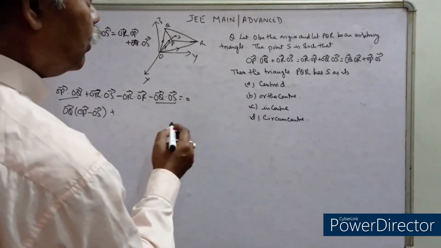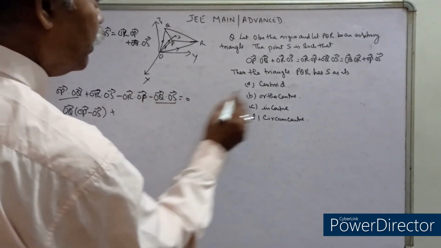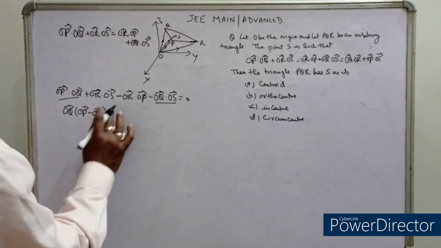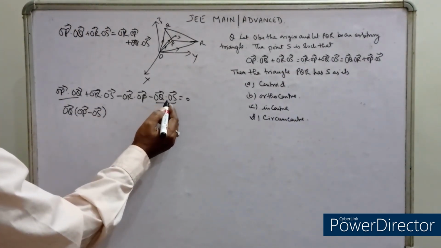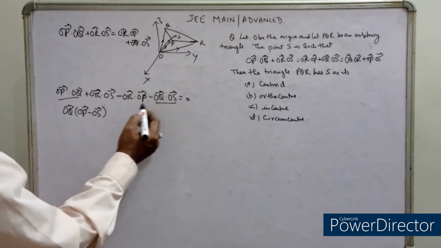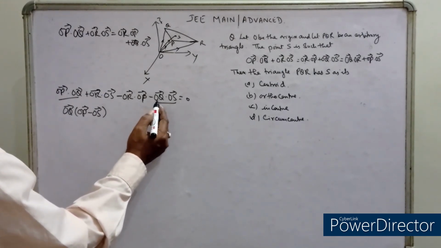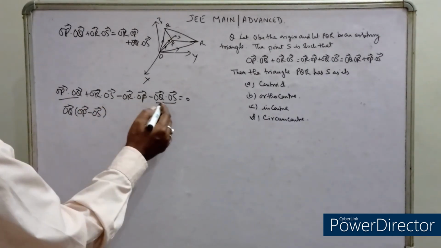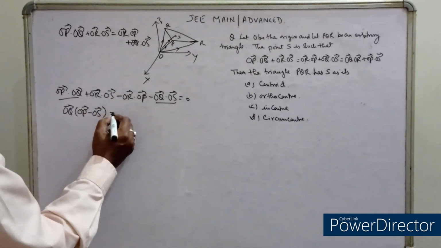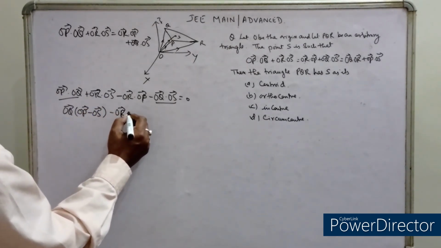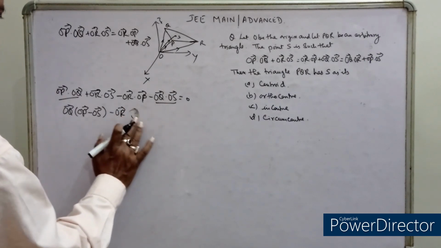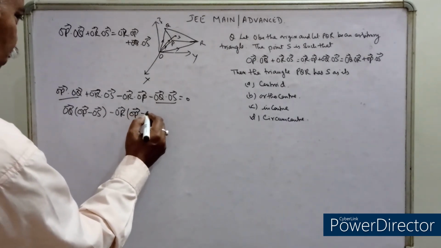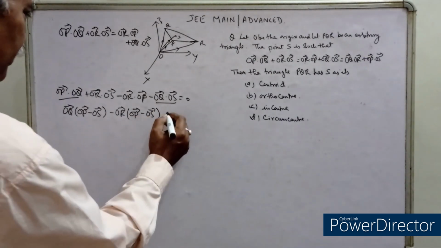And here again OR dot OP, OR dot OP, so I take minus OR vector common, so this will be minus OR vector dot (OP vector minus OS vector) equal to 0.